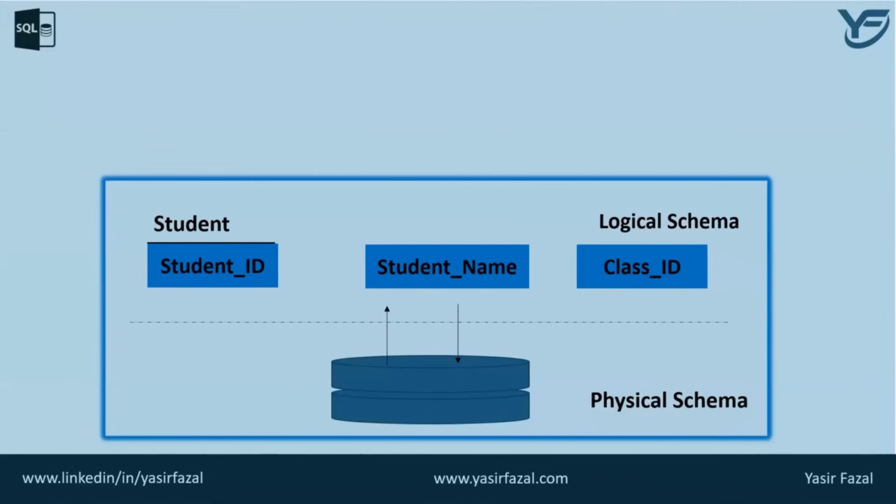For example, the data of a student is stored on the hard disk, in the physical schema, in file structure format, but how would that data be organized? For example, the data of the student contains the student ID, student name, student age, student address, and the class in which the student is enrolled. This kind of logical structure will be defined under the logical schema.